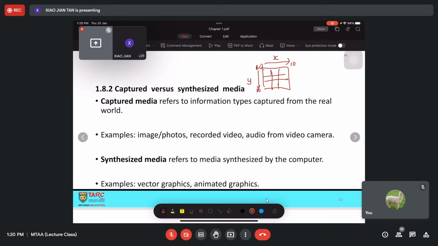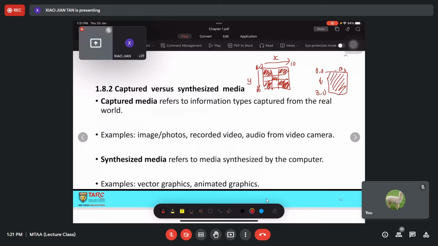So maybe you want to fill 0, 0 until 1, 2, 3, 3, 0, and 0, 0 until 0, 3. You want to fill this block as black color. This is white, black again, white, black again. So you can create this kind of synthetic images using Matlab.